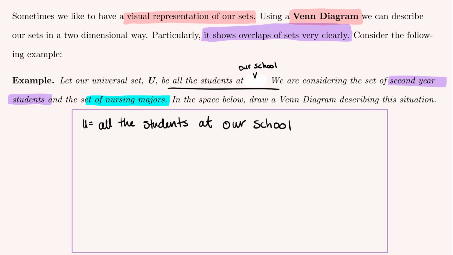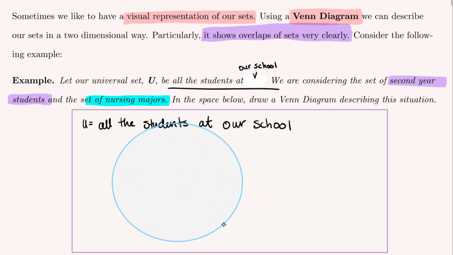So there will be some people who belong to both. There will be some second year nursing majors, but there will be other people who are second year students but not nursing majors, so they don't need to overlap with the other set. And there will be some people who are nursing majors but not second year students, so they don't overlap with the other set. So then what we want to draw here is overlapping circles, but they still have their own separate sections.